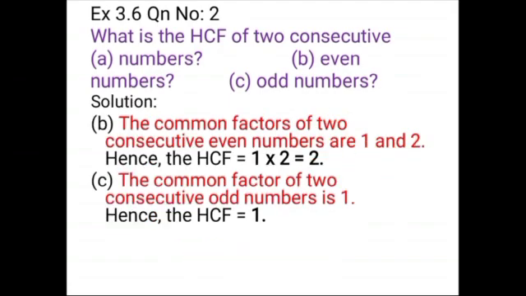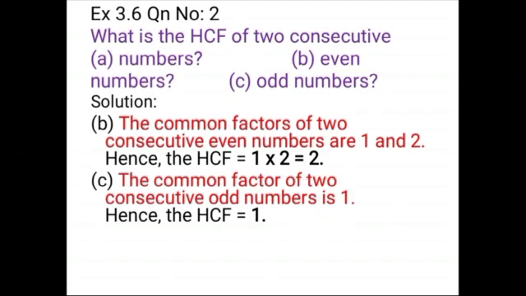See the second one. What is the HCF of two consecutive even numbers? The common factors of two consecutive even numbers are 1 and 2. Therefore, their highest common factor is 1 multiplied by 2, which gives 2. Let us check.